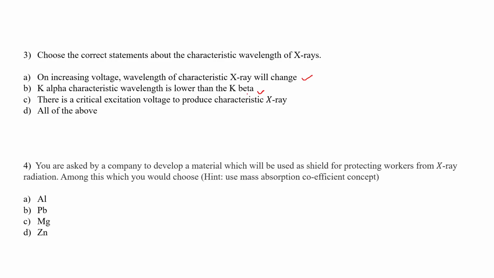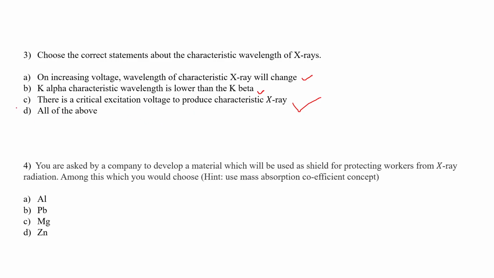And statement 3 says that there is a critical excitation voltage to produce the characteristic X-rays. Yes, because we saw that when you use the lower excitation voltage, you got only the continuous spectrum. There was no characteristic spectrum, as we have shown in the graphs multiple times, where only at higher voltage were you able to see the characteristic wavelength. So this statement is also correct.